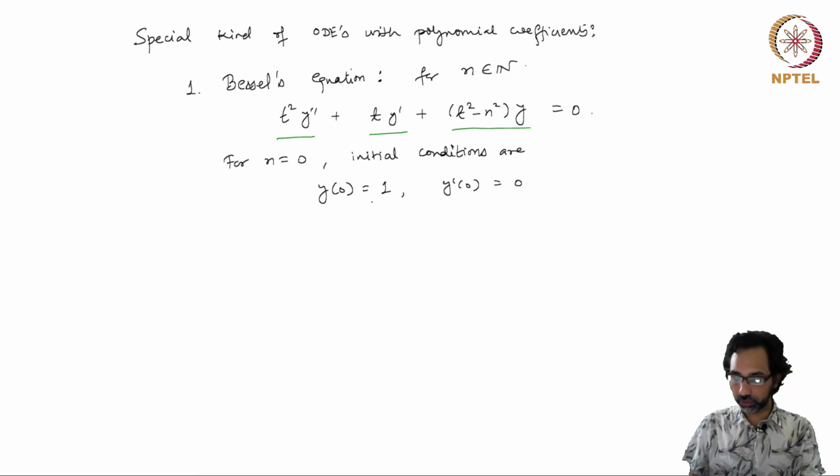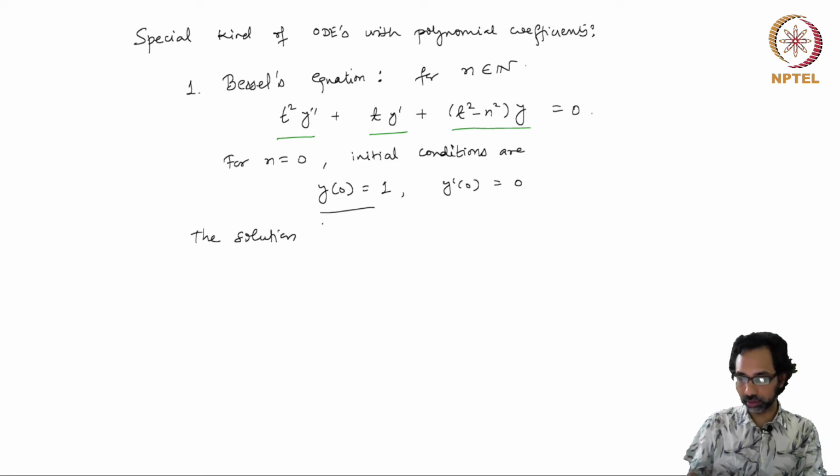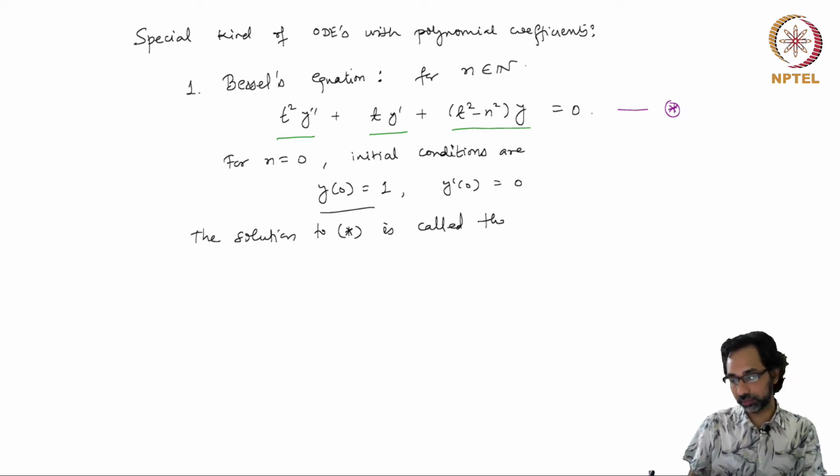For n equal to 0, the initial conditions are y(0) = 1 and y'(0) = 0. Let me call this differential equation star. The solution to star is called the Bessel function of order 0.